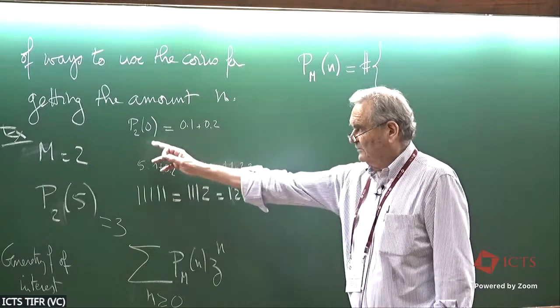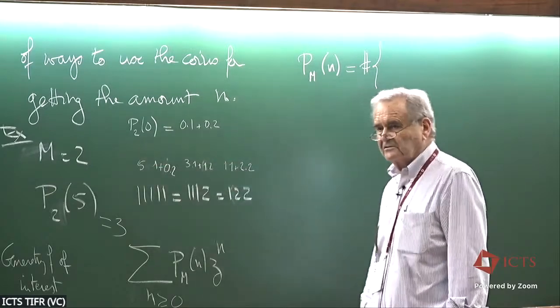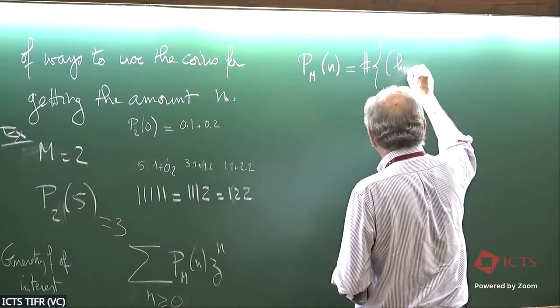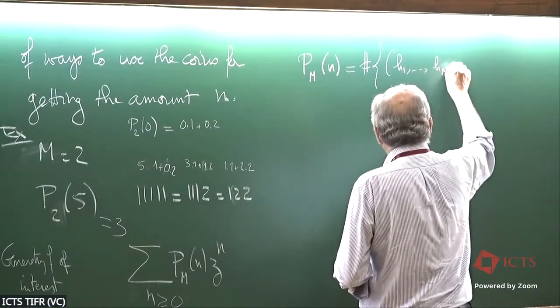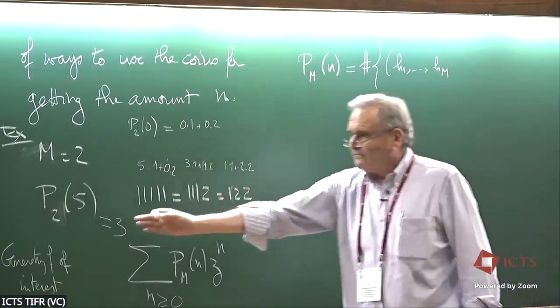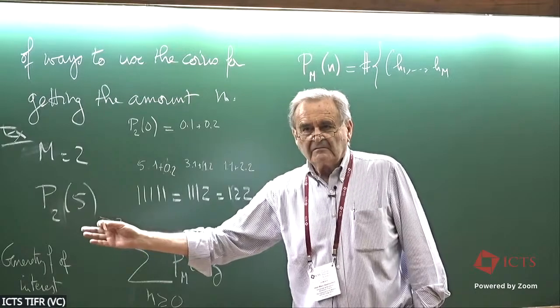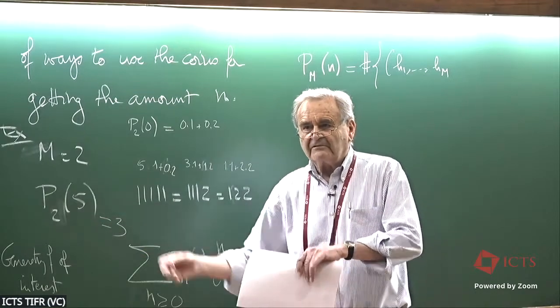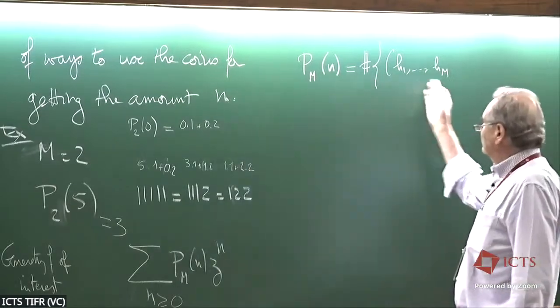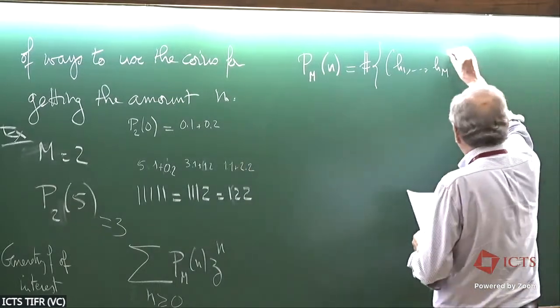This is the unique representation. You understand that this can be done if you are not taking all the values up to m, and if you are just taking a subset of the coins, you will have exactly the same type of representation.